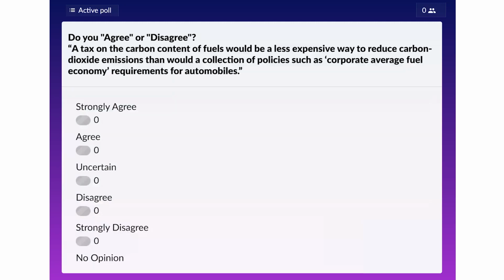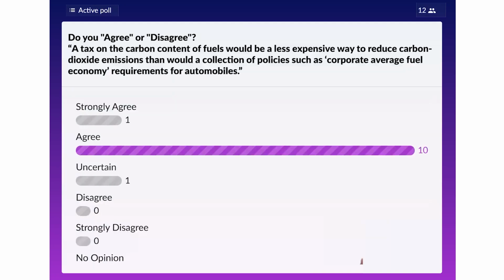So okay, let's start the survey. Do you agree or disagree with this statement? Here we have different choices: strongly agree, agree, uncertain, disagree, strongly disagree, or no opinion. And of course, you can choose prefer not to answer.